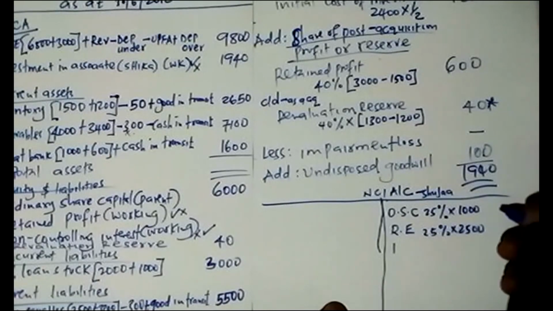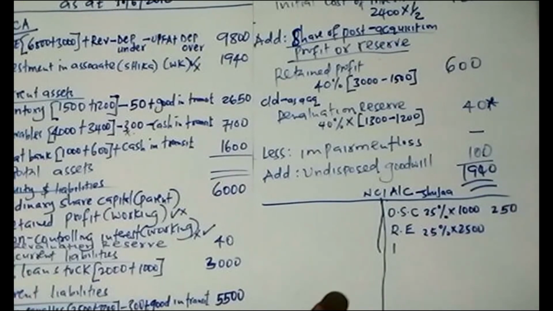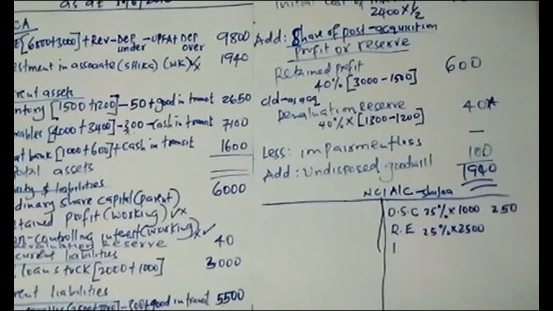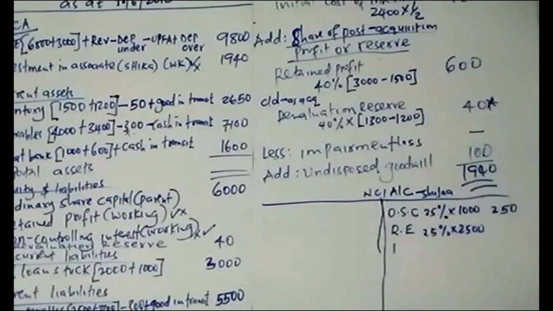So this is 250. Then the other one is 525. Then here we have to introduce goodwill of NCI, but we don't have goodwill of NCI because we never used the full method.